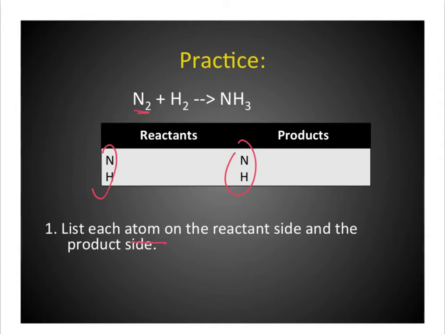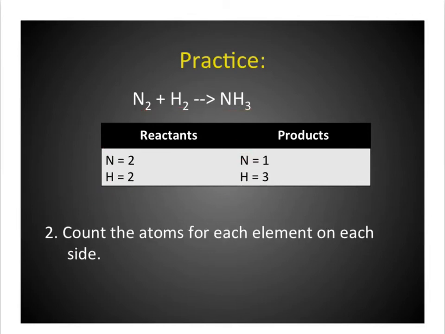So we have nitrogen and hydrogen, so we write N and H, and nitrogen and hydrogen for the product side, so we write N and H there. I like to keep them in order, so I wrote N first on the top and then H is underneath. It just is easier as we go along. So first thing you do, just list the atoms, the elements that we're using.